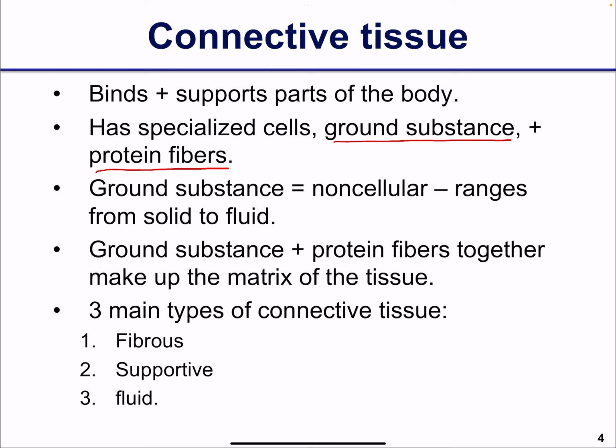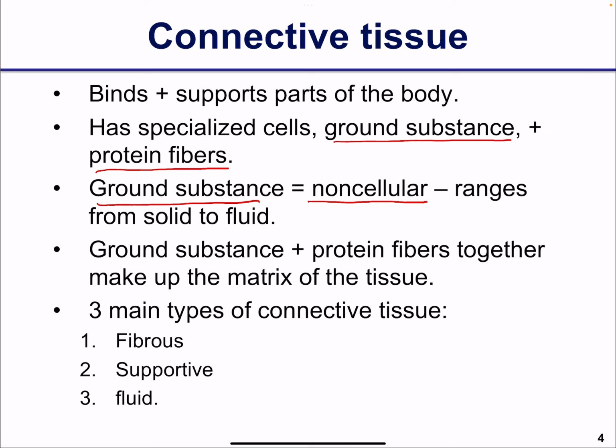Now, the ground substance is basically going to be made up of non-cellular parts. Remember, I said the extracellular matrix, right? And the consistency of that ground substance is going to vary between liquid, fluid if you will, and solid.